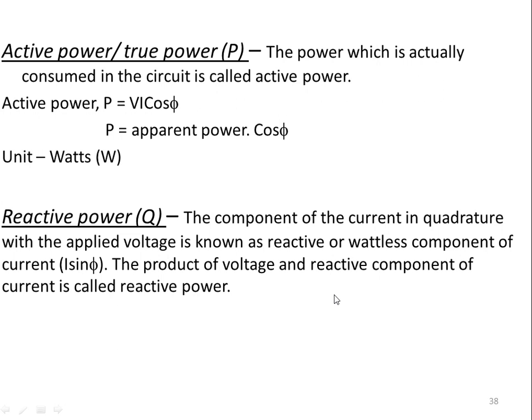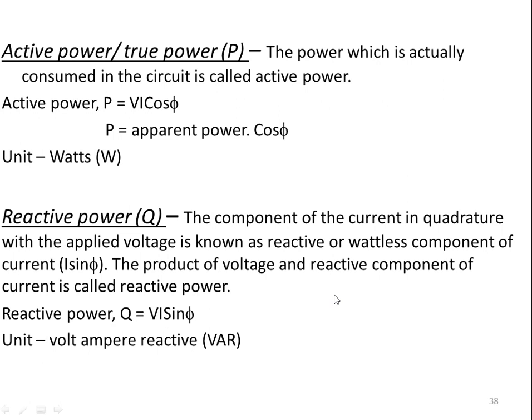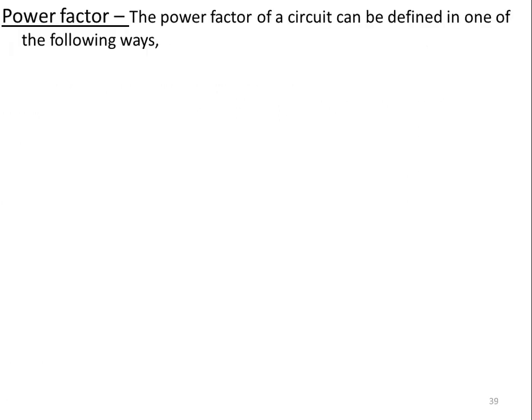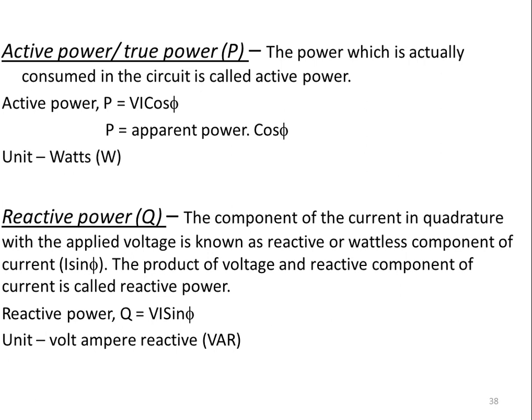Actually reactive power is the power which cannot be utilized. It is lying inside the circuit itself. That reactive power is given by Q is equal to VI sin phi. Its unit is volt ampere reactive. It is a vertical component of apparent power.